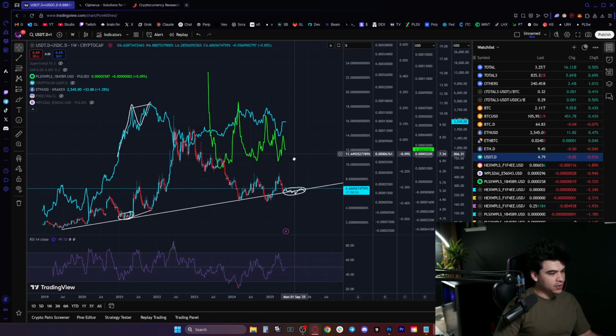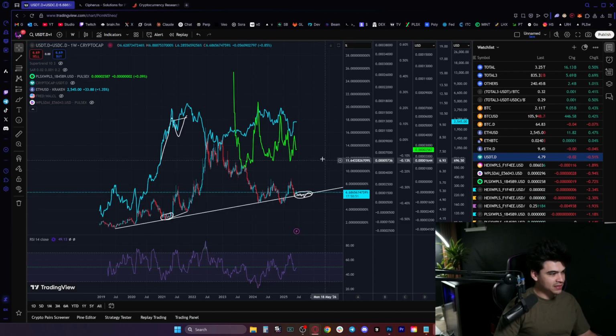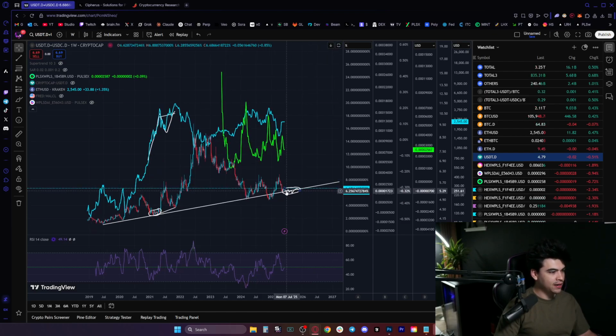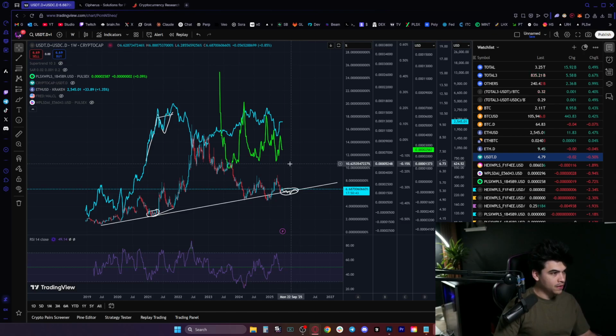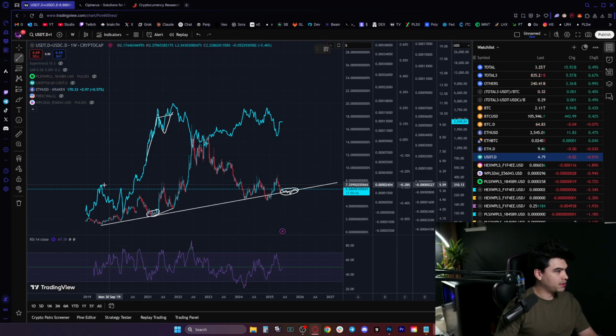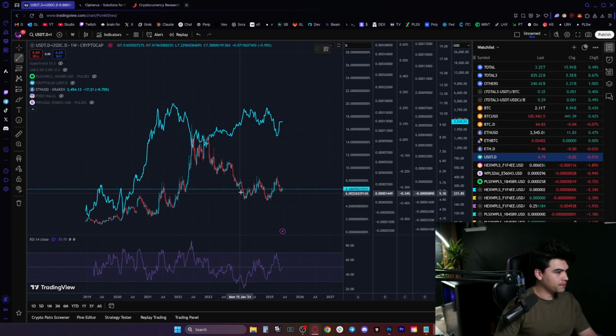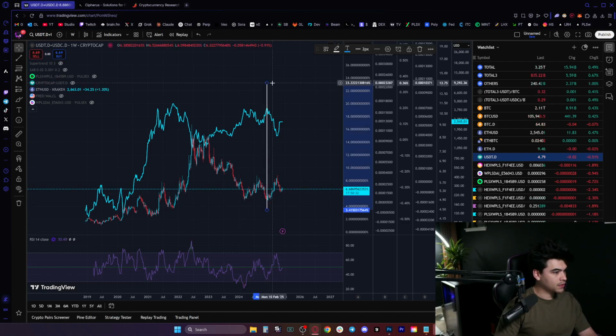But again, this trend line is the obvious candidate, right? This trend line for where USDC dominance could be at the next market cycle top, right? Because it's gotten a lot of them pretty spot on. For example, let's clean this up a bit, right? Let's just clean everything up. Look at that.